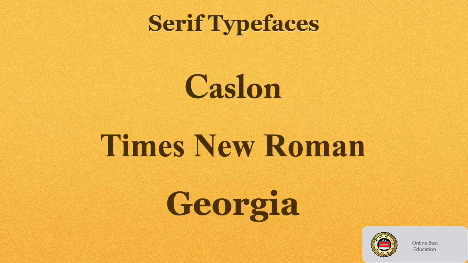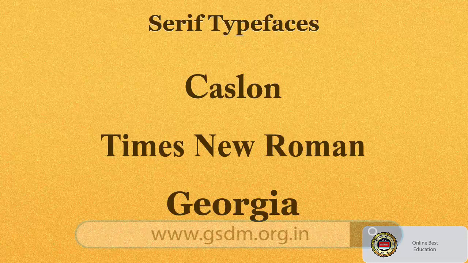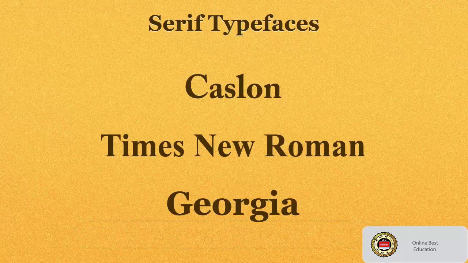Notice that all of these characters have tails coming off of, for example, the letter T in Times New Roman, or the letter N in New Roman. The N has tails on the beginning of the character and the end of the character. The letter R, the letter G, all these extra little bits, those are called tails or serifs, okay? So that's what a serif typeface is.